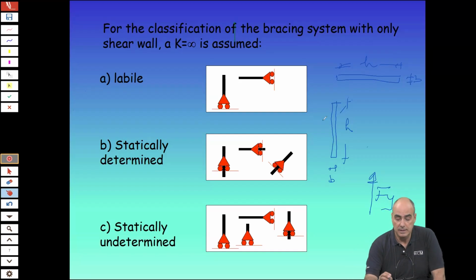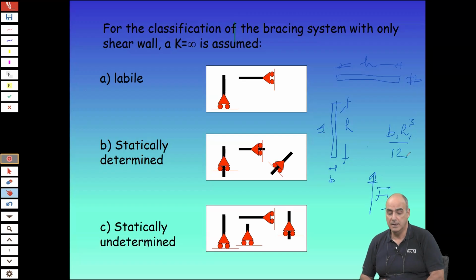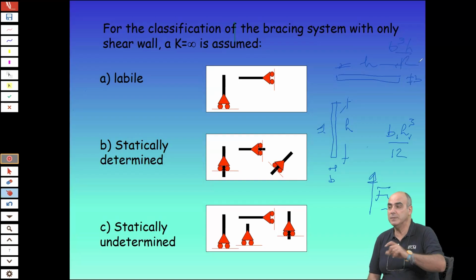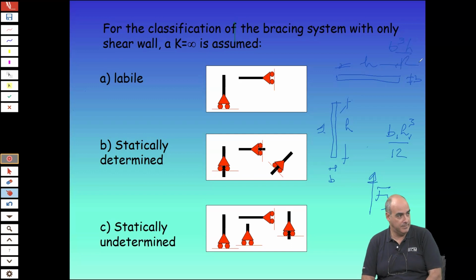But this wall that we call 1, the reaction to the force Fy is with a stiffness that we can schematize like this. Whereas this wall is B cubed H by 12. So there is once more the ratio of the stiffness, which is like B over H or H over B.